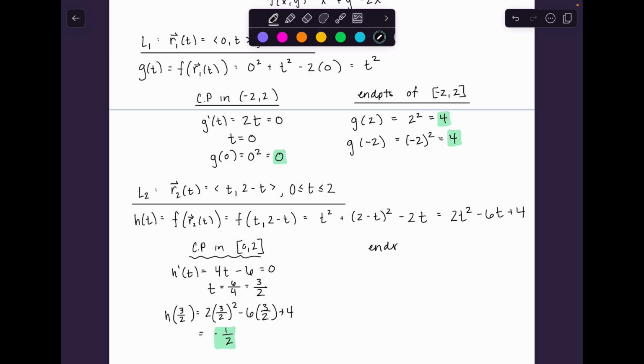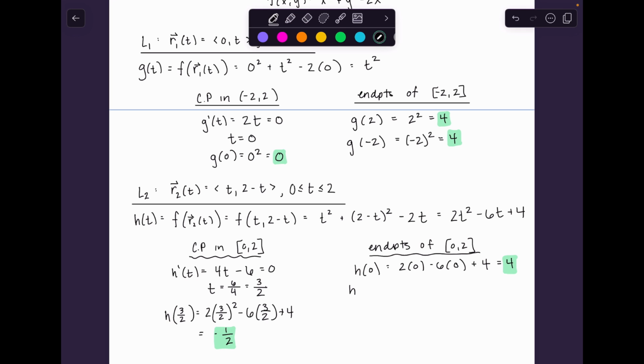Then doing the endpoints of the interval. If I plug in 0, that would be 2 times 0 minus 6 times 0 plus 4, giving us a possibility of 4.